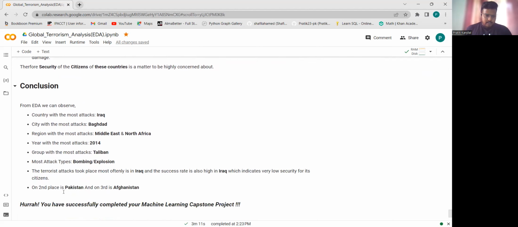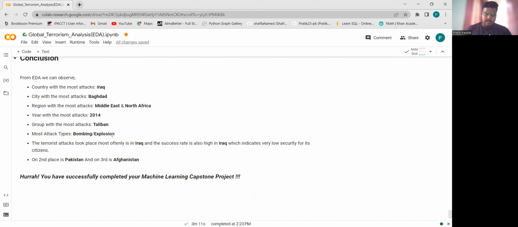These are the conclusions: the country with the most attacks, Iraq; the city with the most attacks, Baghdad; the region with the most attacks, Middle East; the year with the most attacks, 2014; the most active group, Taliban; their favorite type of attack, bombing; and these groups have been highly successful in Iraq, followed by Pakistan, and then Afghanistan.